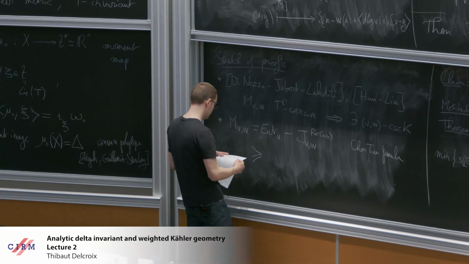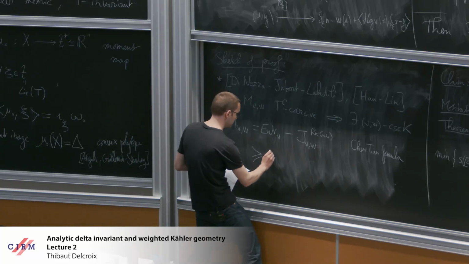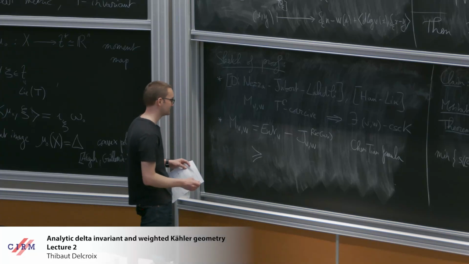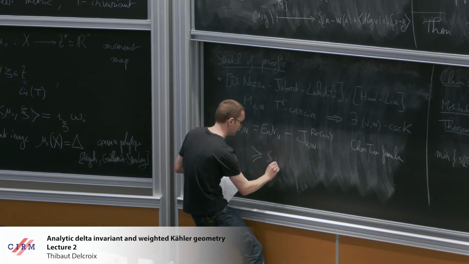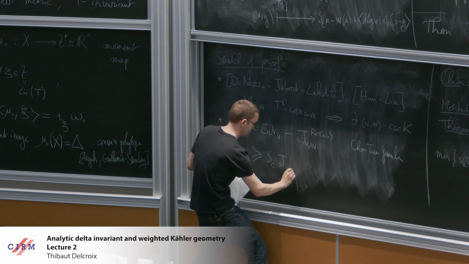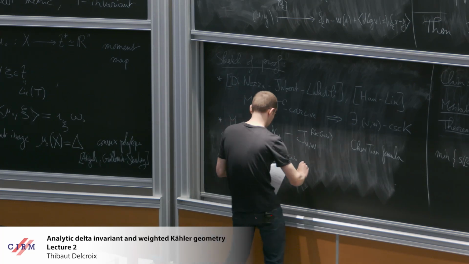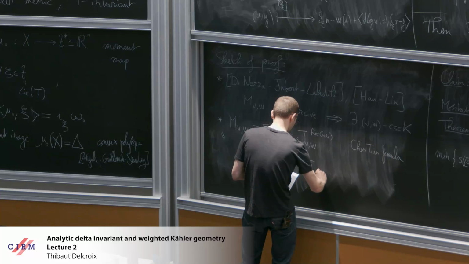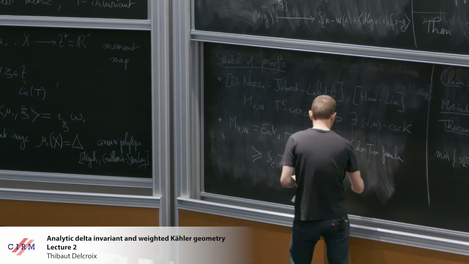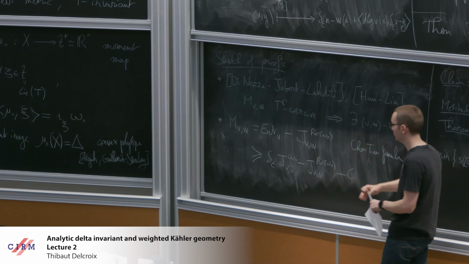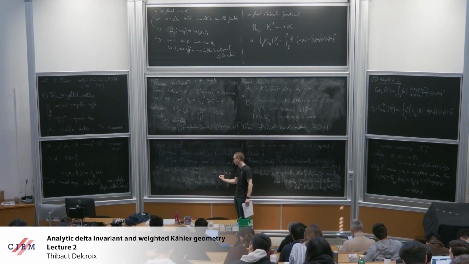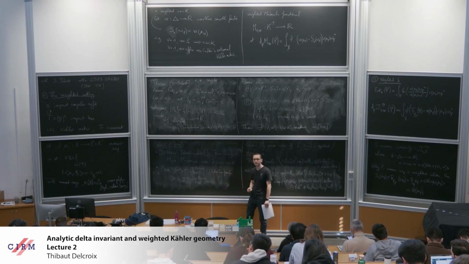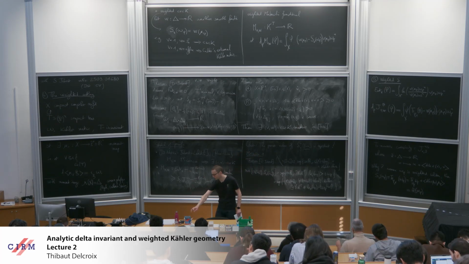So this is bigger than, okay, put quotes, because I should put the inf, but essentially that's what we can get from the delta invariant.